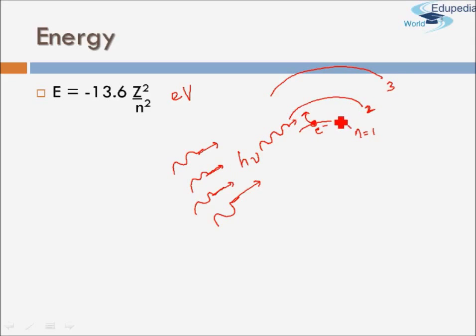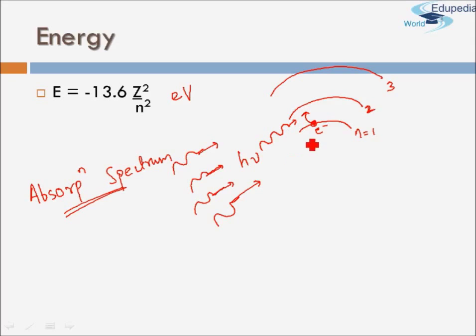Only the energy which corresponds to a specific energy difference between two orbits is absorbed, and that is why you have the phenomenon of absorption spectrum. Absorption spectrum is because electrons in an atom can absorb particular photons having particular energy values, in order to change their orbit number. That is why we see absorption spectrum.